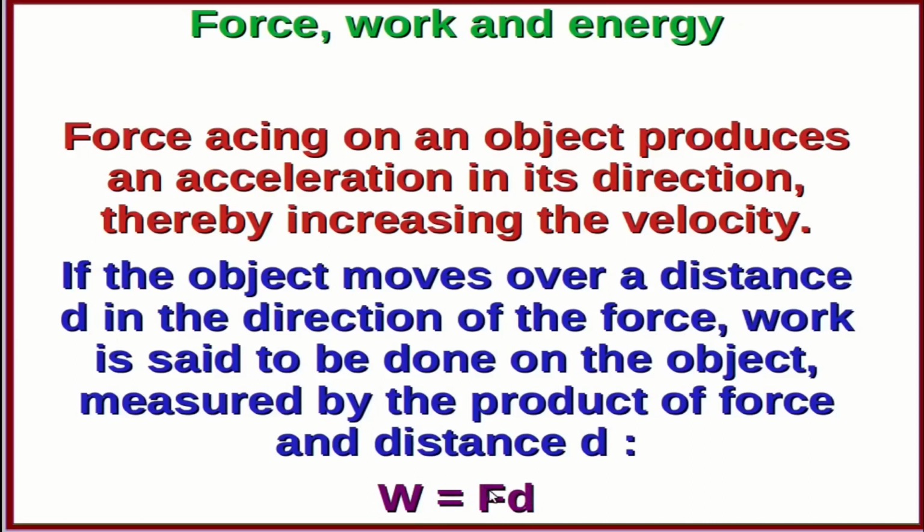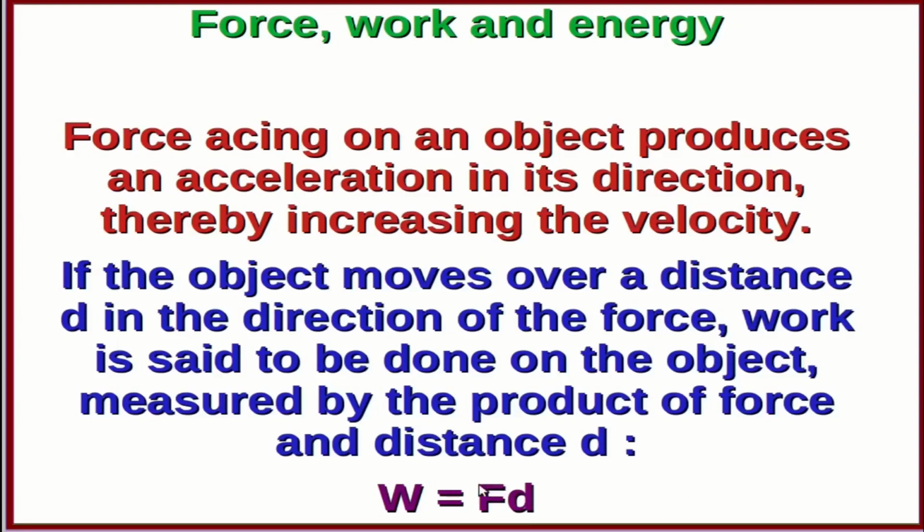Well, we know that F is a vector quantity, and d is typically the displacement, which is also a vector. So actually we have to take the dot product of these two vectors. Therefore work done is equal to the product of the force acting along the direction of movement.